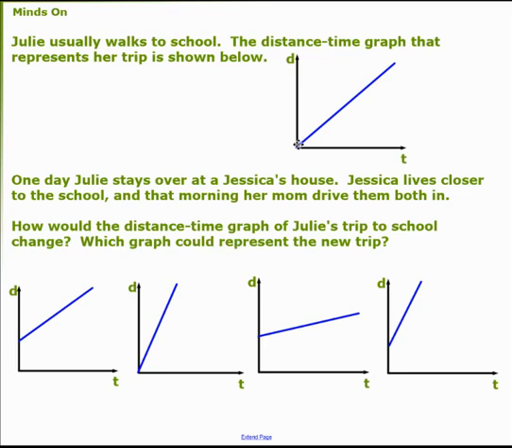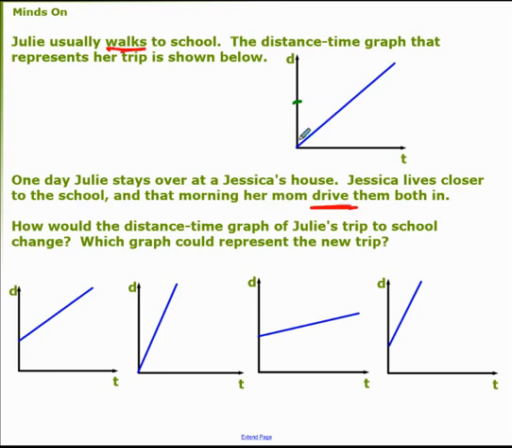If she lives far from the school, then her friend must live somewhere closer, right, in this range. And we did talk about yesterday, the last lesson, how the steepness means the speed. So we'd be looking for something steeper if you're driving, because she usually walks, and now she's going to get a drive.